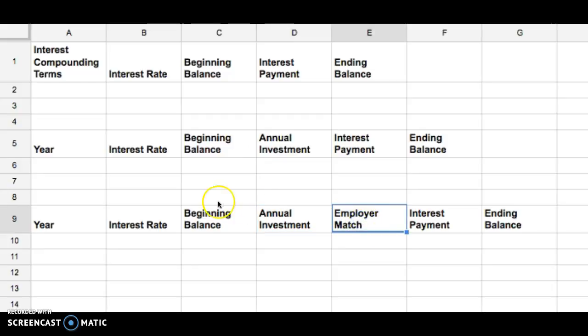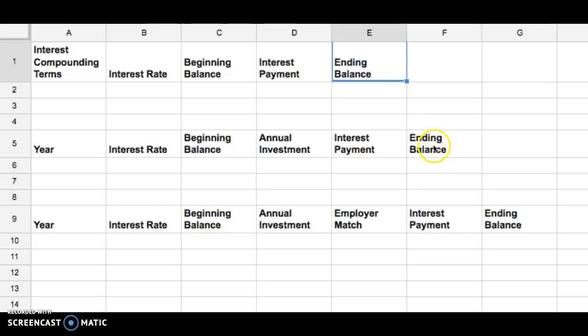So we're earning interest on what we started with, what we put in this year, and what our employer puts in. We're earning interest on all of that, which is why getting an employer match and always adding your money to it really helps your investment snowball and takes you to that millionaire goal. This kind of stuff isn't going to grow fast. It's not going to get you there. Okay? So that's a common mistake.